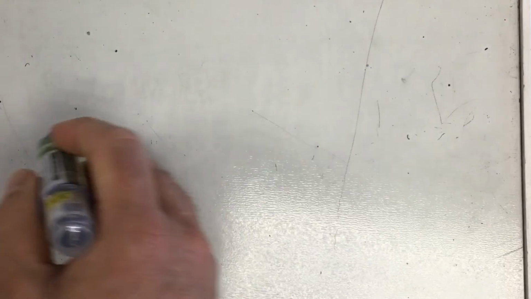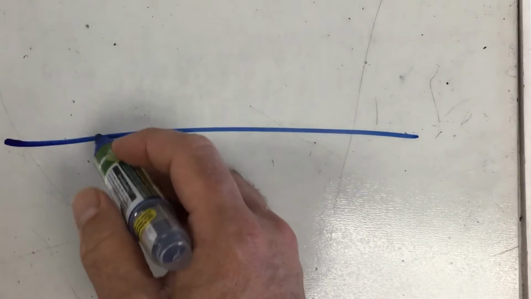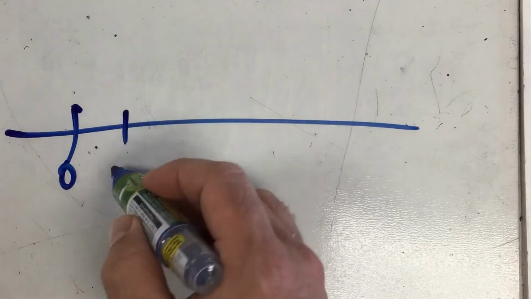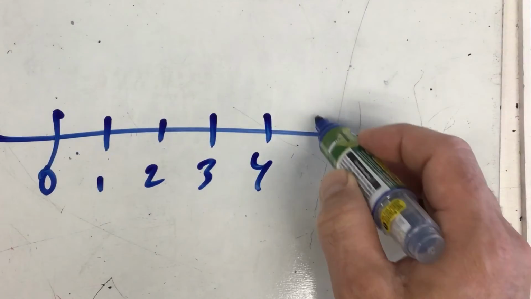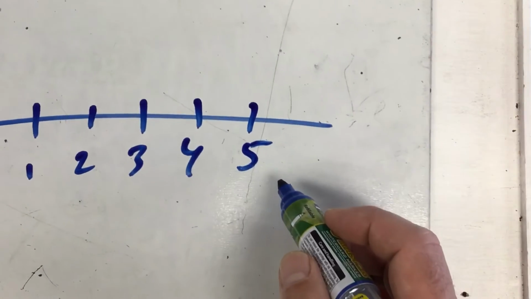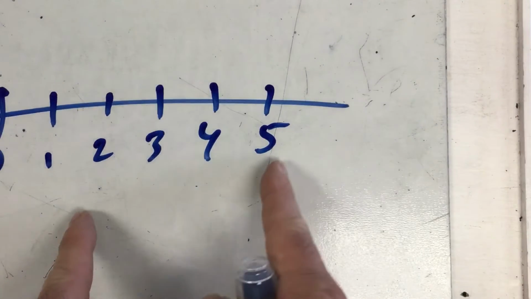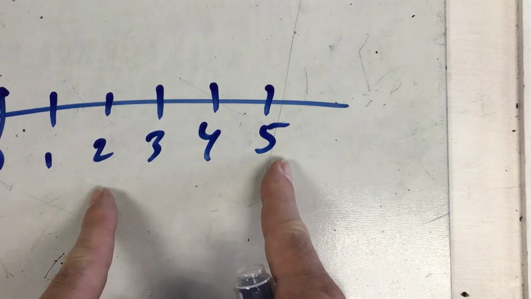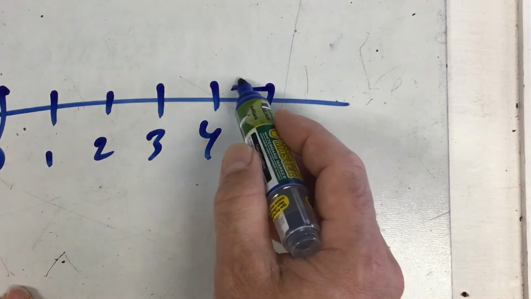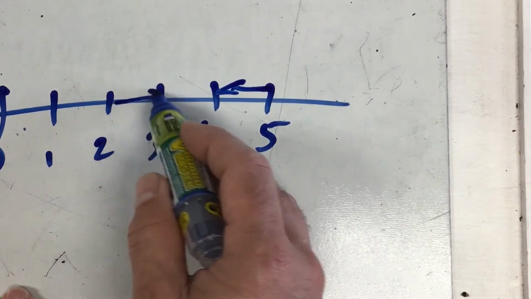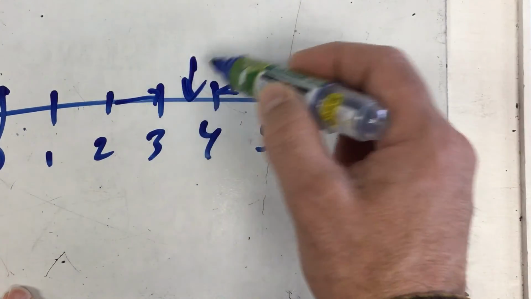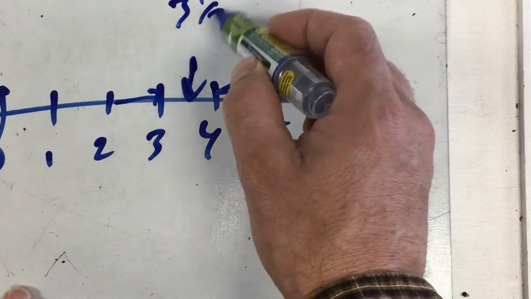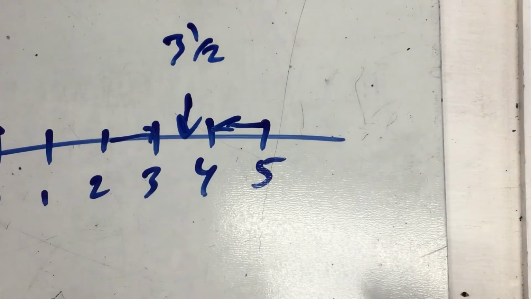Okay, so we got the number line, and we'll go 0, 1, 2, 3, 4, 5. And what's halfway between these two? Well, if I went 1 this way, I get to the 4, 1 that way, I would get to the 3. Then halfway in between, I guess my halfway point would be 3.5.